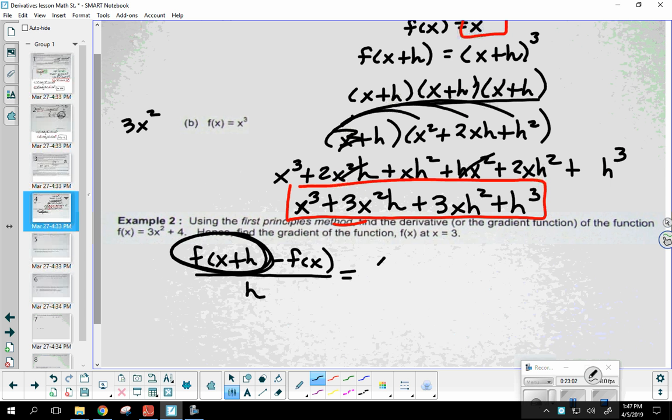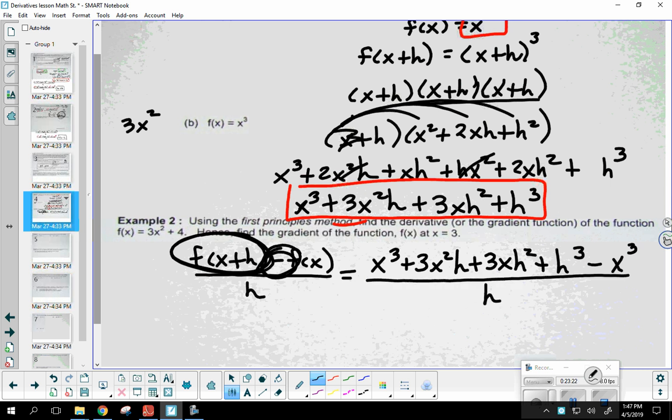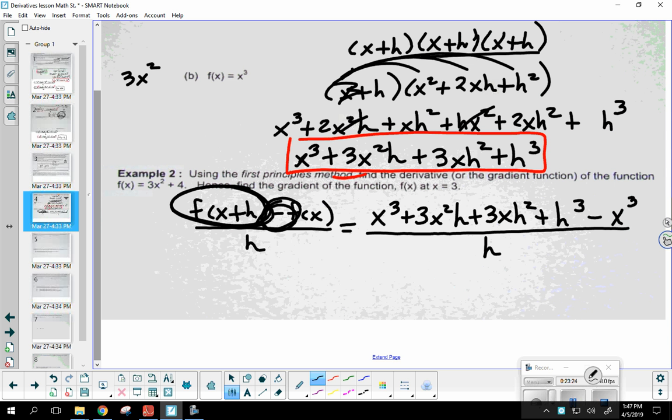So x cubed plus 3x squared h plus 3x h squared plus h cubed. Minus, see now I'm going to subtract, but what am I going to subtract? X cubed, the original problem. And this is all over what? H.